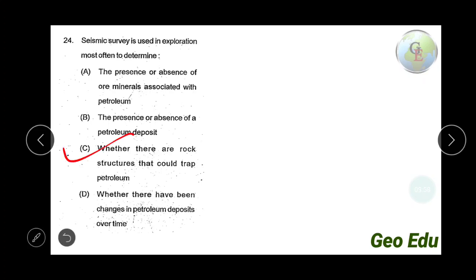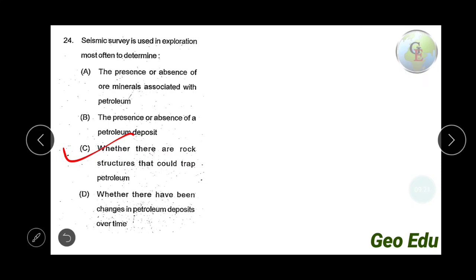What is the seismic method? The seismic method is generally used to reflect the underground structure.